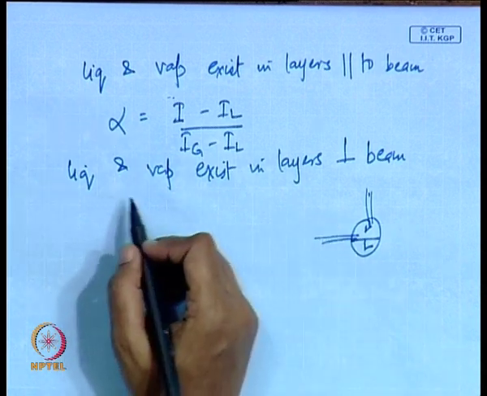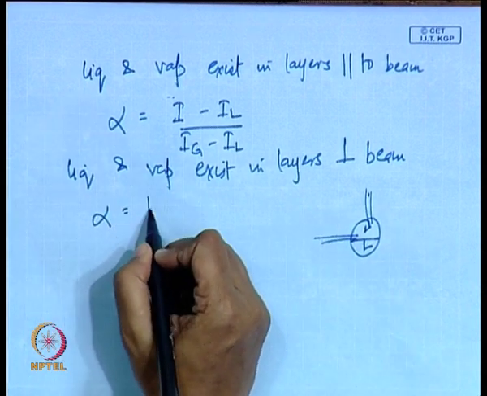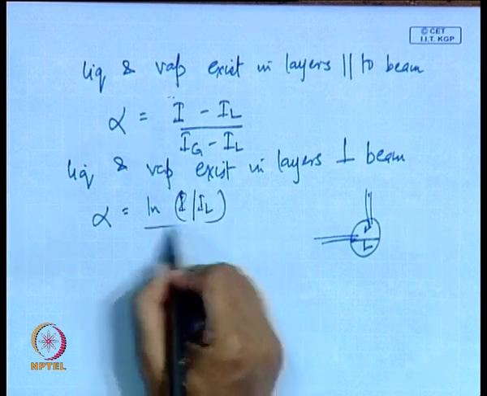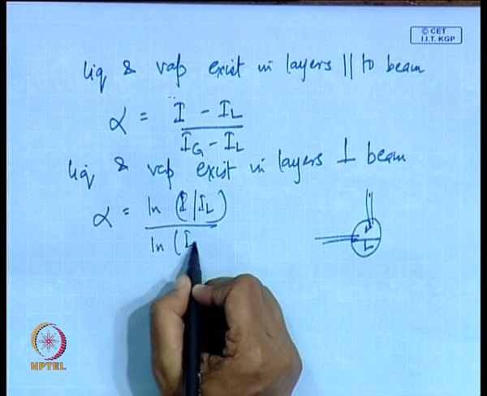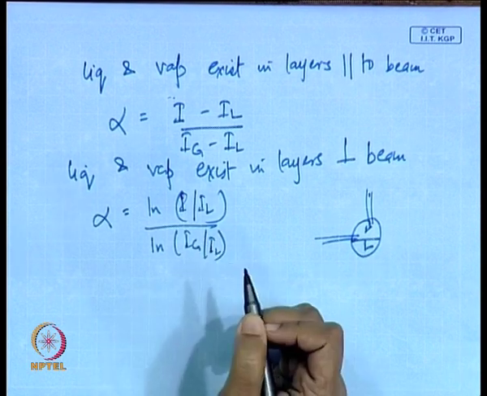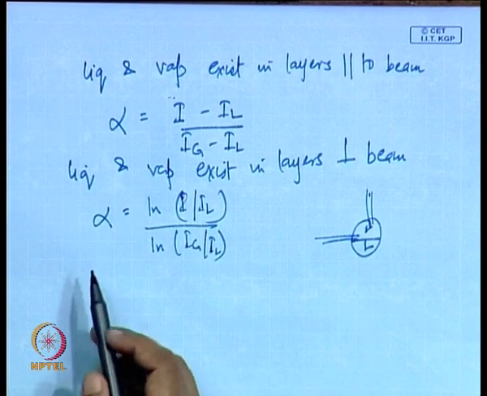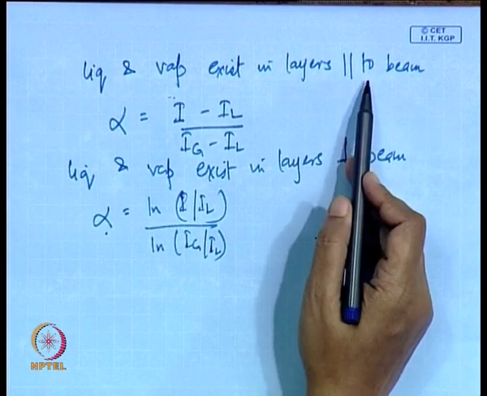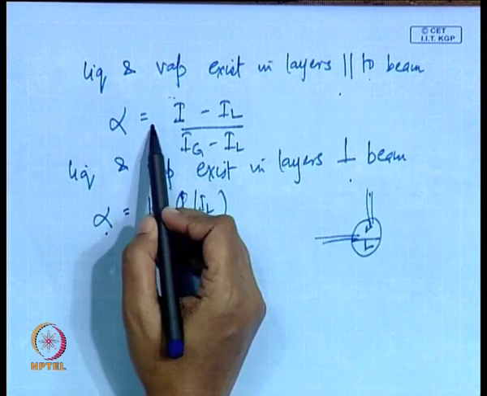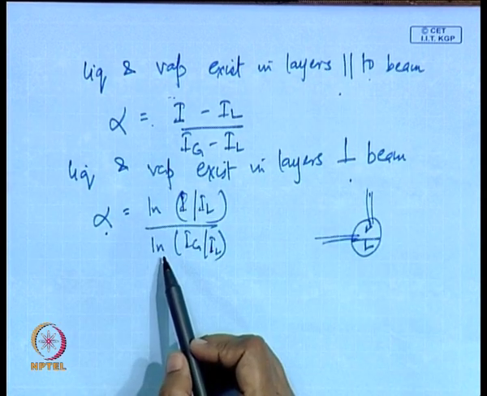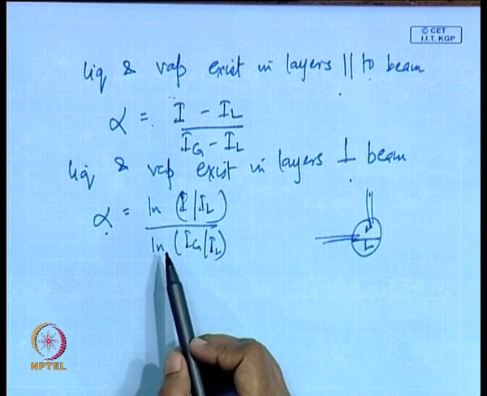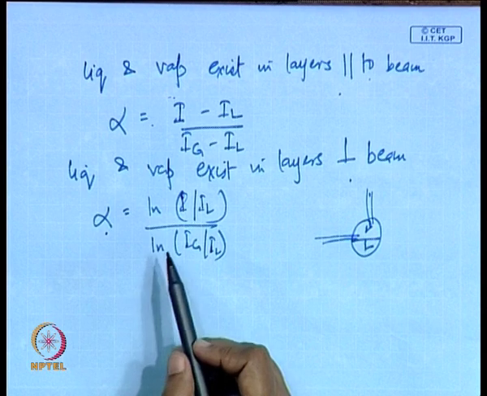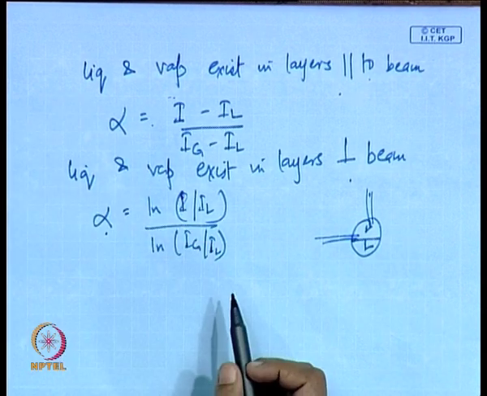When it falls perpendicular, under that condition alpha equals ln(I by IL) by ln(Ig by IL). So, we find that even for the void orientation, whether they are oriented perpendicular to the beam or parallel to the beam, the expressions are completely different. And also we will find that if it is separated flow or dispersed flow, we have different expressions to find out alpha.